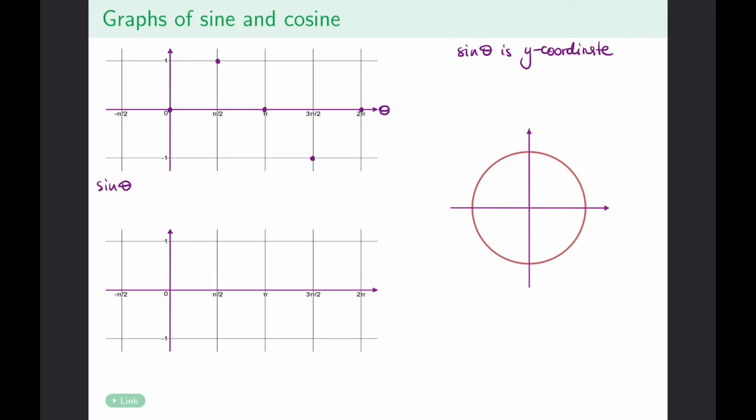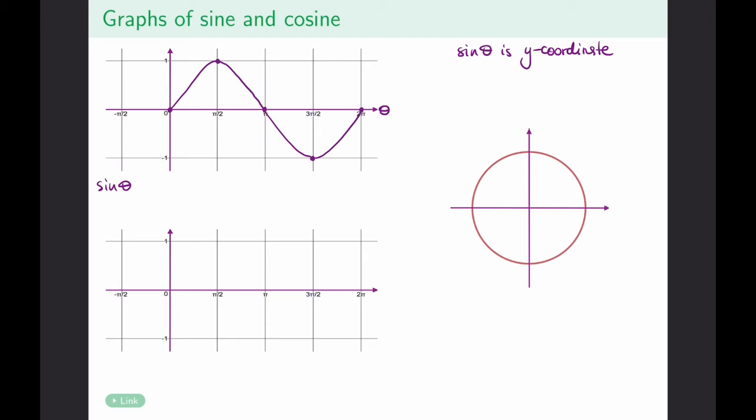So this is what produces the familiar looking curve, something like this. And then, as my point travels from pi down to 3 pi over 2, I notice that the y-coordinate gets progressively bigger and bigger into the negatives until it reaches -1. And that's when I get this portion of the graph.